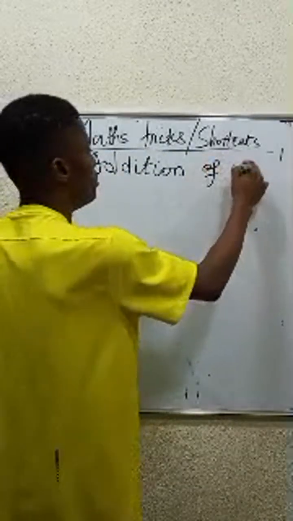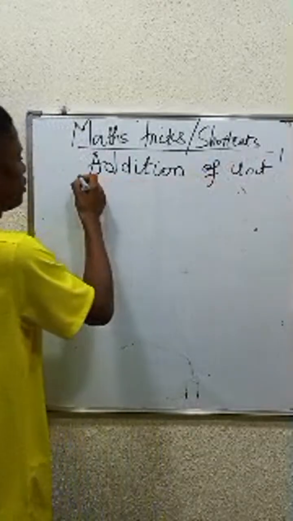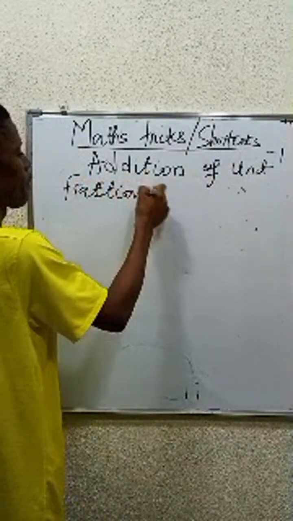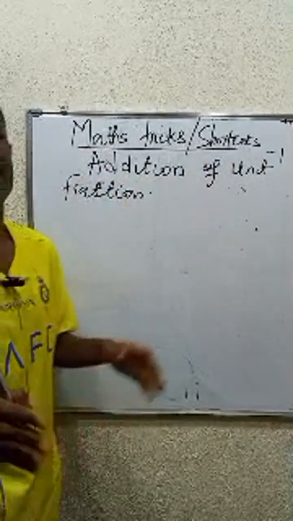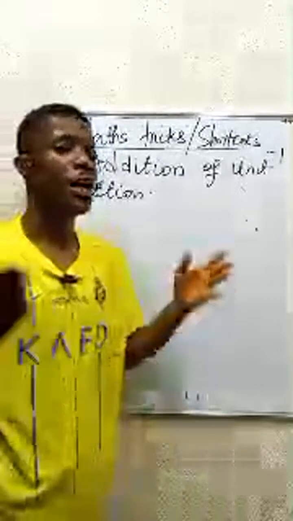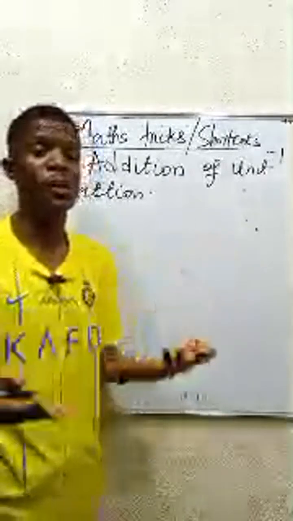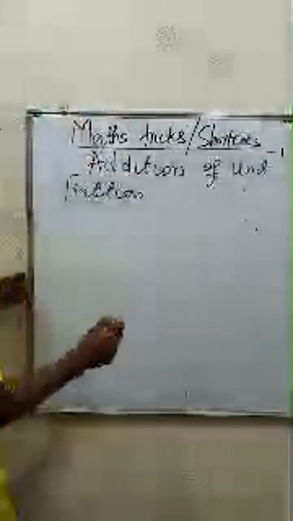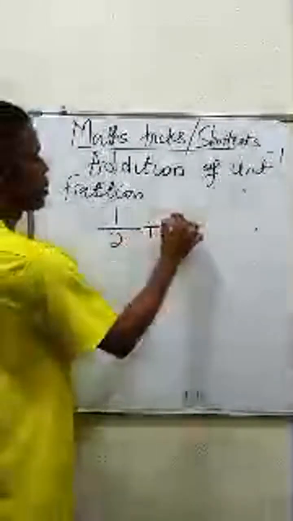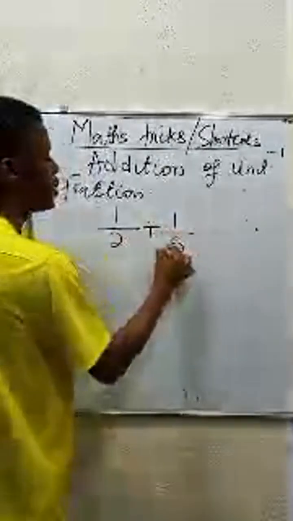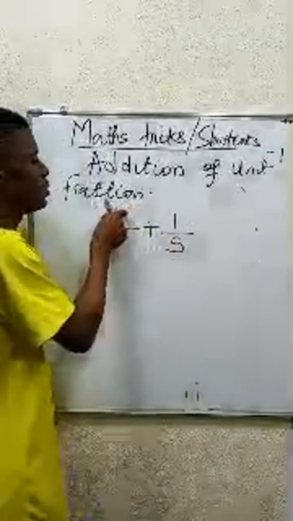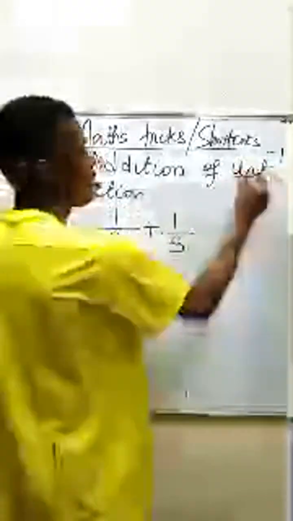There is a wonderful trick that is used to add unit fractions very fast without taking the traditional route of solving it. When we talk about unit fractions, we are talking about fractions where the numerator is just 1. Any fraction that has 1 as the numerator is called a unit fraction.